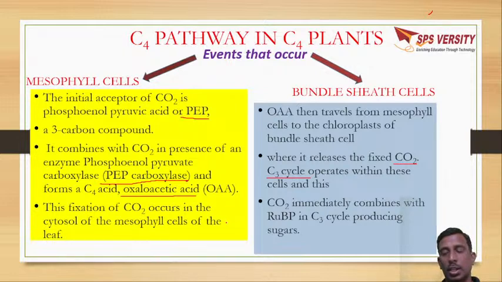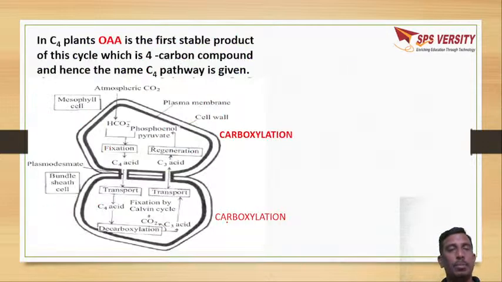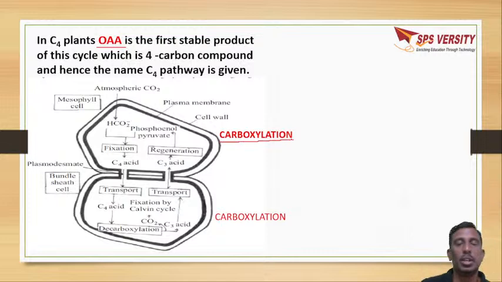Okay. C4 pathway में, पहला stable product है oxaloacetic acid, इसलिए इसको C4 pathway बोलते हैं. इसमें दो carboxylation रहता, पहला carboxylation mesophyll cell में रहता और दूसरा carboxylation bundle sheath cell में. First carboxylation in mesophyll cell and the second carboxylation in bundle sheath cell.